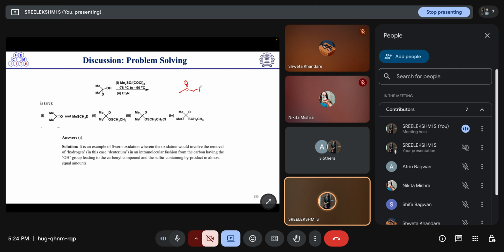So here this deuterium will come, and that's how methyl SCH2D is formed. This will be the byproduct. Usually if a proton was there, our byproduct will be dimethyl sulfide.